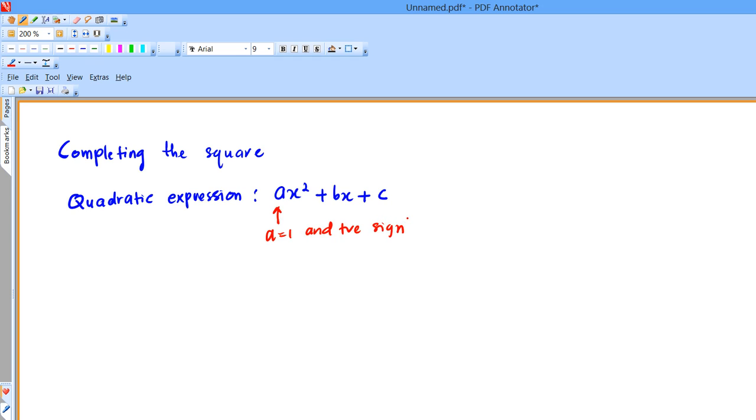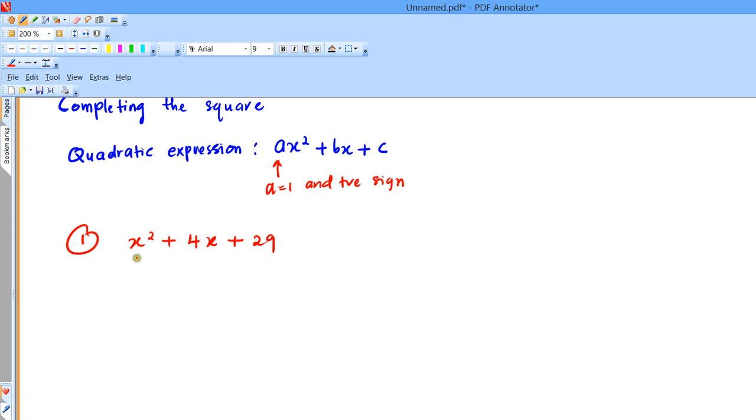If a does not equal 1, we need to factor out a. So now let's move to an example. We have the quadratic expression x² + 4x + 29.